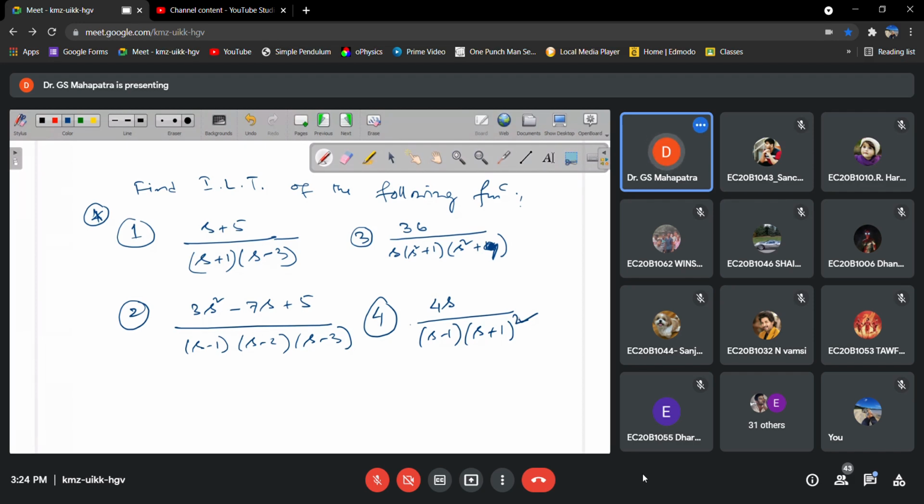Okay, this is the fourth only. Now write down the fifth one, the final one, easy only: 3s by, actually I have not given any sign, for the negative part, denominator all are positive square part, that's why, (s square minus 16). Finished. That's all, these 5.